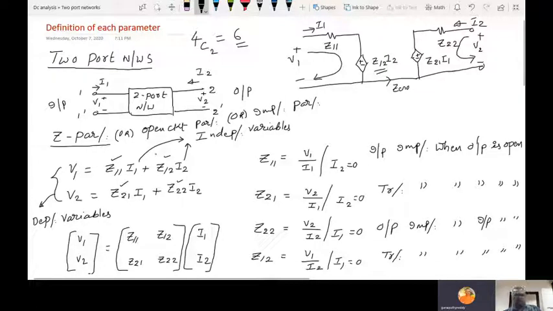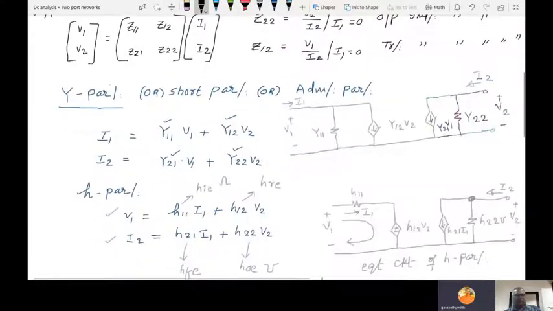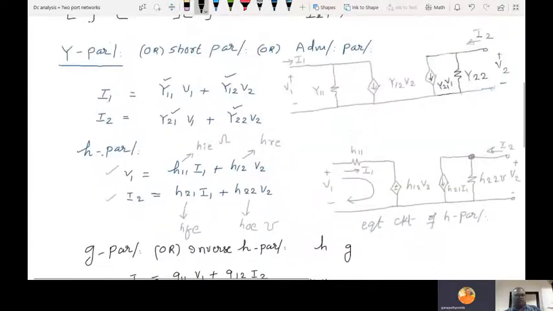You already studied H parameters, the hybrid parameters, in the common emitter amplifier hybrid model equivalent circuit, in terms of hie, hre, hfe, hoe. For common base, hib, hrb, hfb, hob. So easily you can draw the equivalent circuit and write the equation.